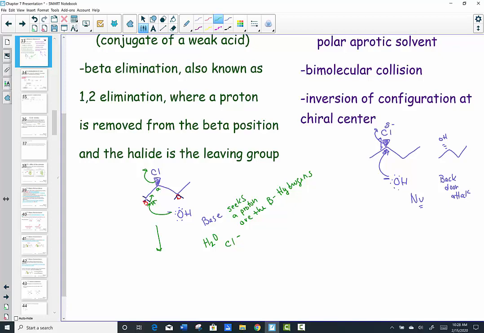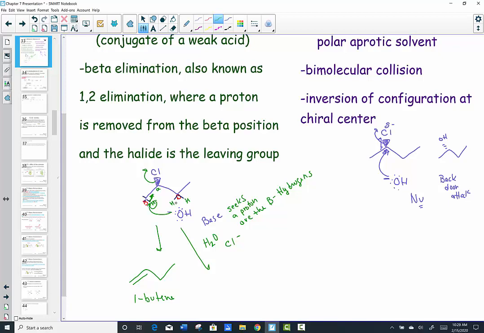When the base removes a proton, a proton has been transferred: acid-base chemistry. What we see there is that a bond collapses. So one possible product was 1-butene, an alkene formed by removing a hydrogen from carbon 1 in that 4-carbon chain. A second possible position was looking at the hydrogens in the beta position.